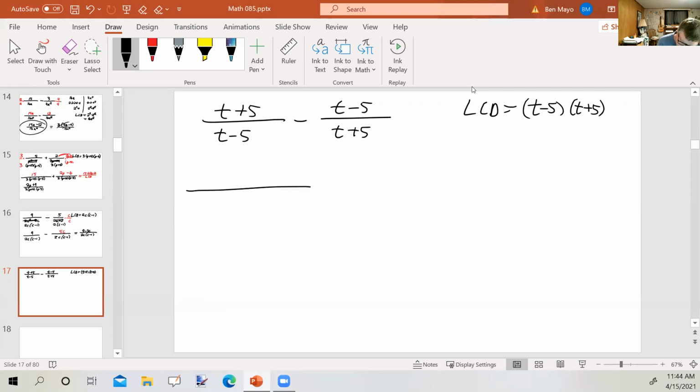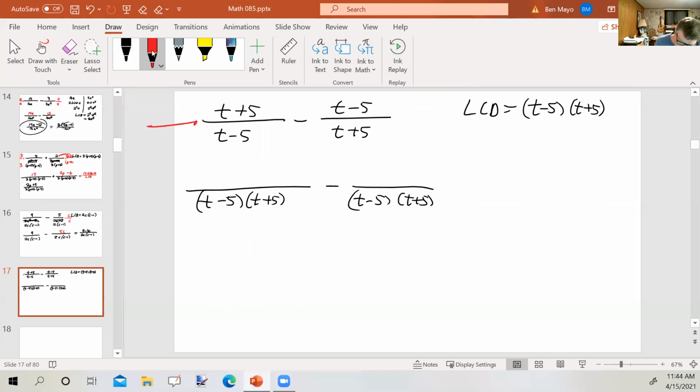So my new denominator, t minus 5, t plus 5, for both. Okay. My first fraction, I'm going to need to multiply the bottom by t plus 5, consequently the top by t plus 5 as well.